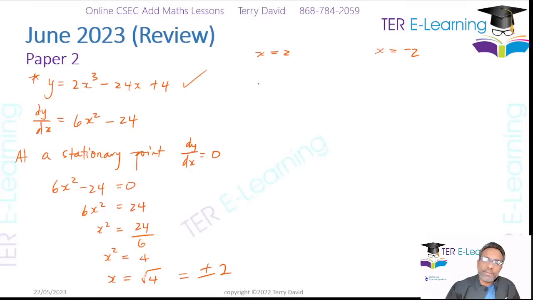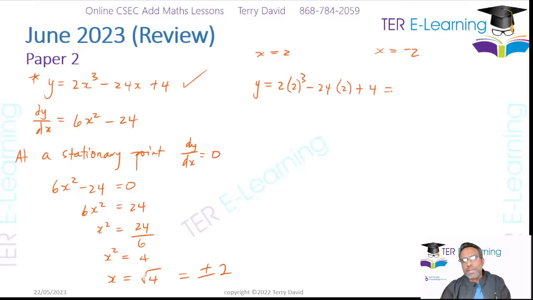So y is equal to 2 by 2 cubed minus 24 by 2 plus 4. 2 cubed is 8, 8 by 2 is 16, minus 24 by 2 plus 4, and I'm going to get minus 28. So this first stationary point is (2, minus 28).